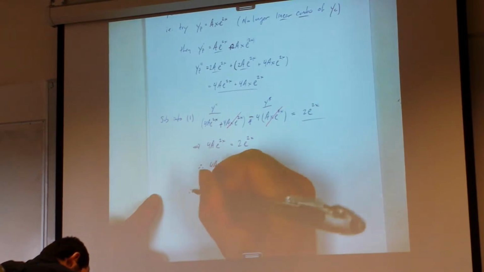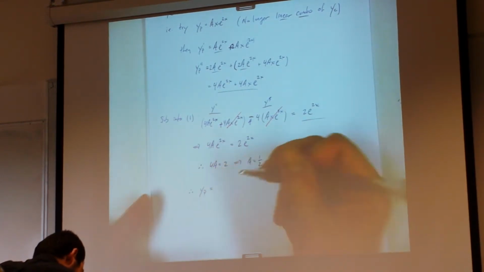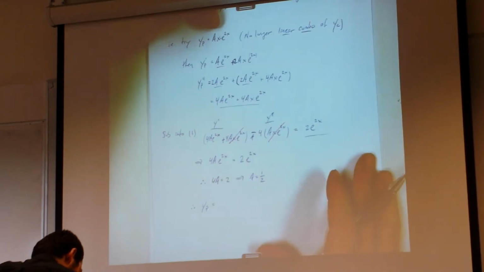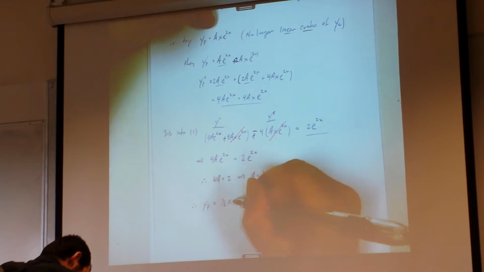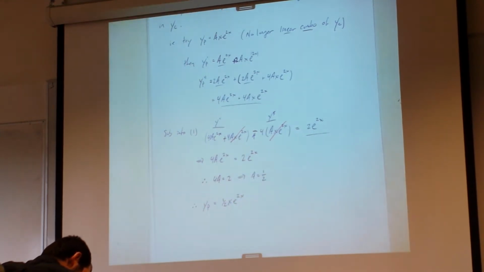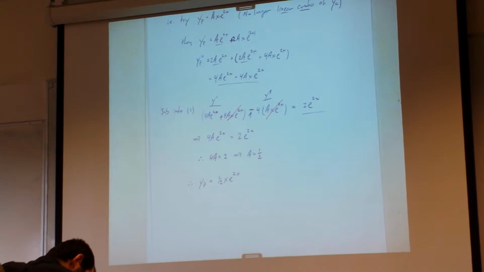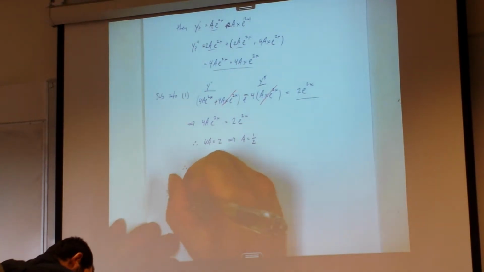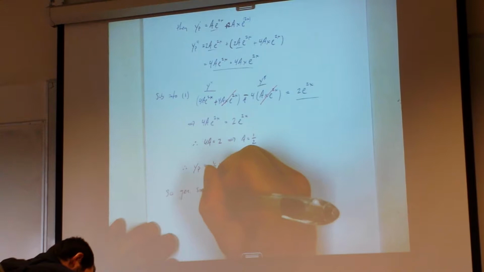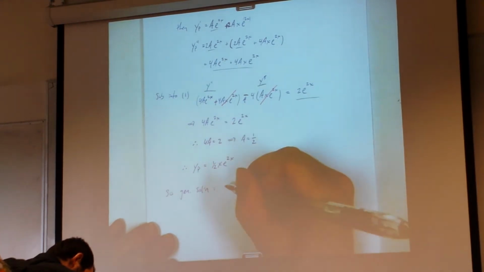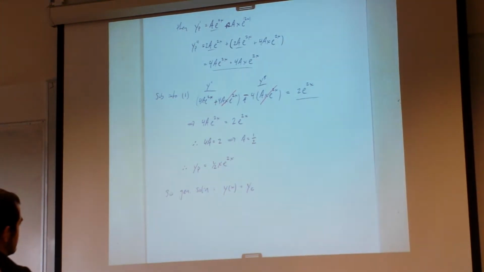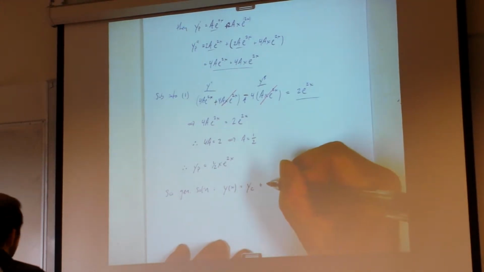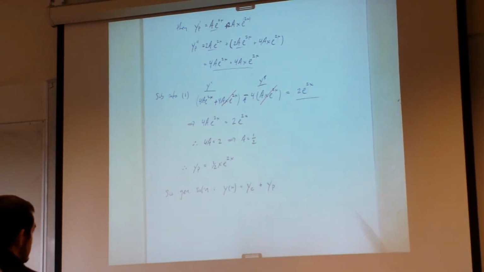So our particular solution is ax e to the 2x, we just found a is 1/2. So 1/2 x e to the 2x. Yeah? So then our general solution, remember, general solution is take the complementary function. That's the general solution to the associated homogeneous equation. Tack on that single particular solution that we found.